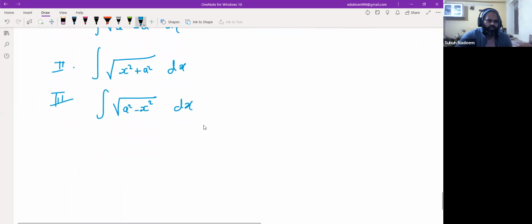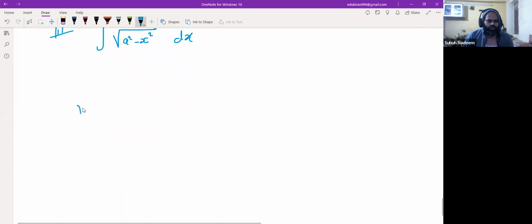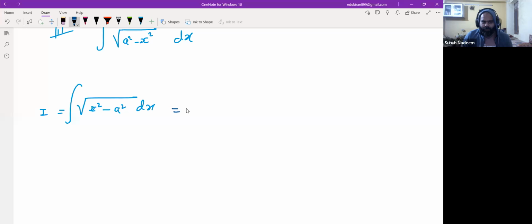First one, root over x square minus a square. Okay, so root over x square minus a square dx, you have to find the integral. Let us suppose this is I. First of all, we are studying this after integration by parts, so by parts has an important application in this. What you will take is root x square minus a square into 1 dx.